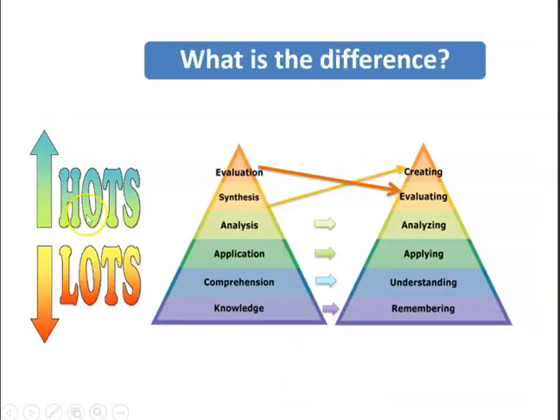So you would see that the lowest three, remembering, understanding and applying, are low order thinking skills. As you go up to analysis, evaluation and creation, you are requiring students to analyze, evaluate and create, and that requires high order thinking skills.